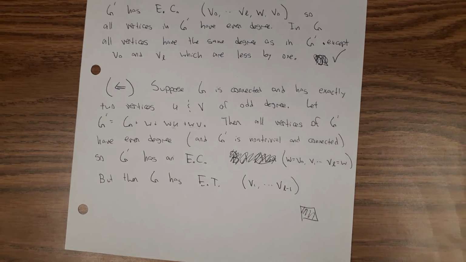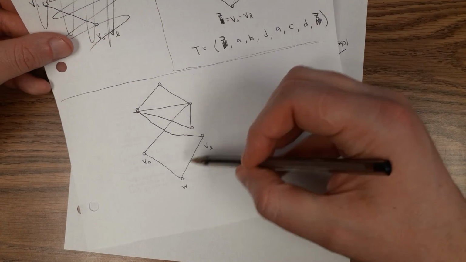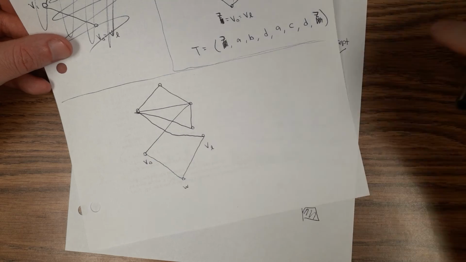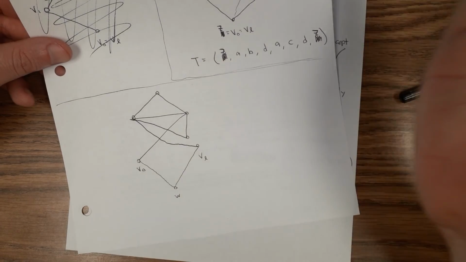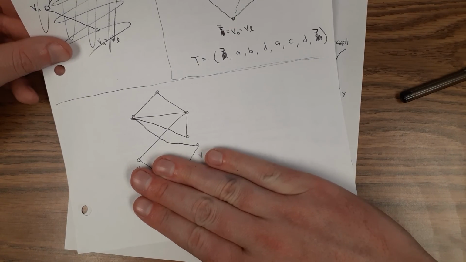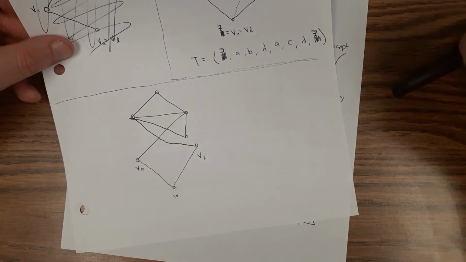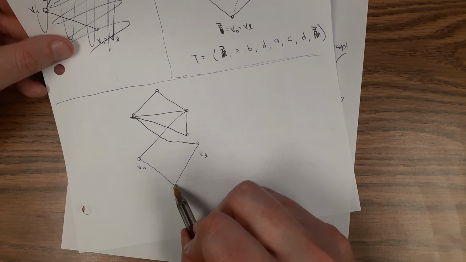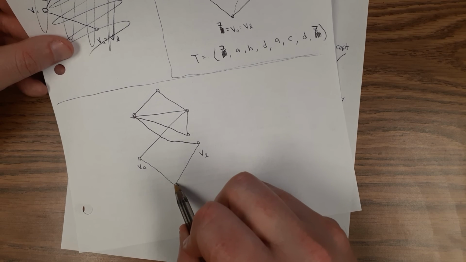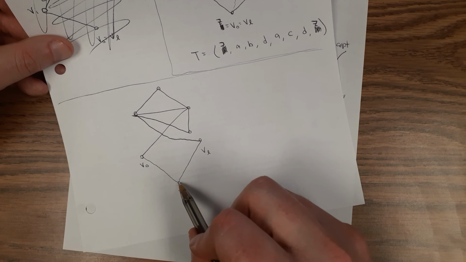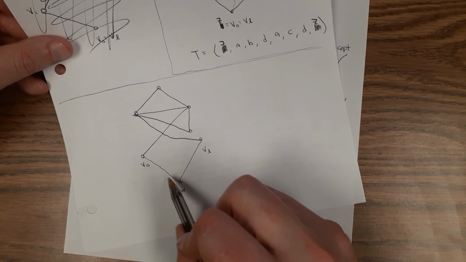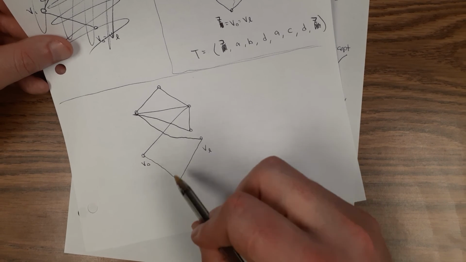But then, let me point back to this picture. We have this Eulerian circuit of this graph, and then if I remove W, what I get is an Eulerian trail, because what I have to start with is an Eulerian circuit that starts and ends at W. If it's starting at W, then the next vertex could be either this one or this one.